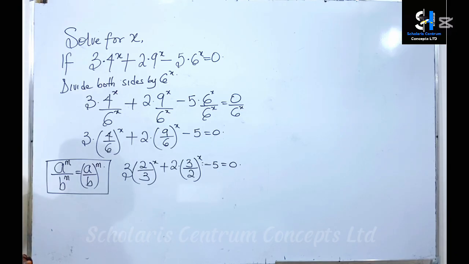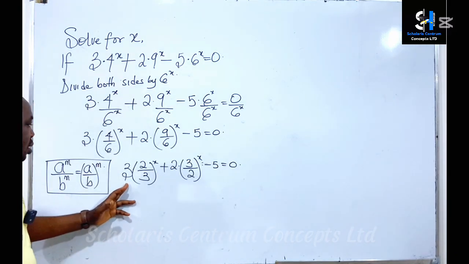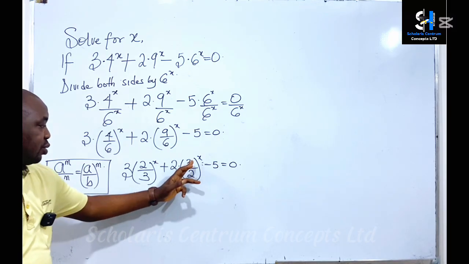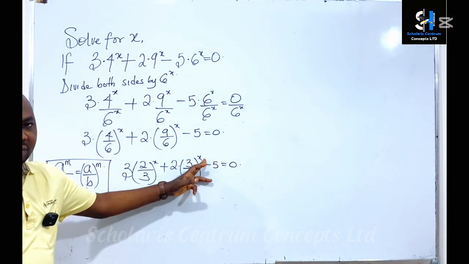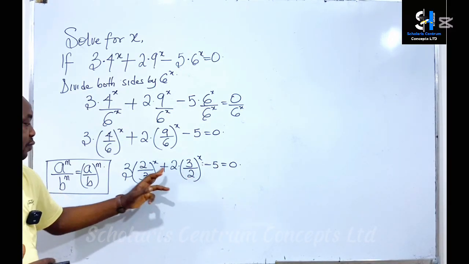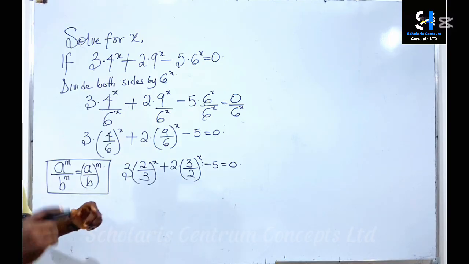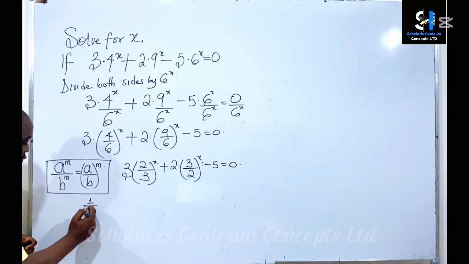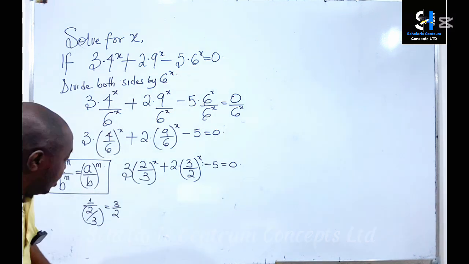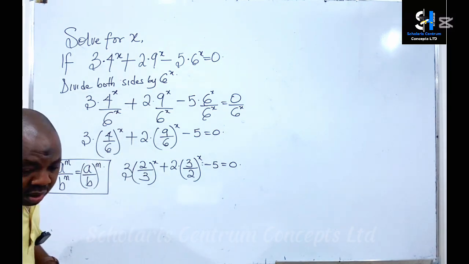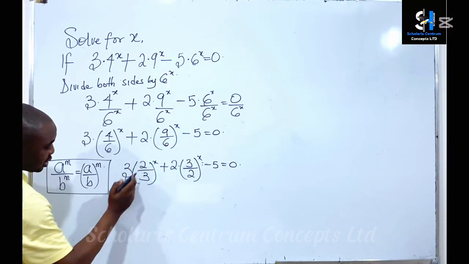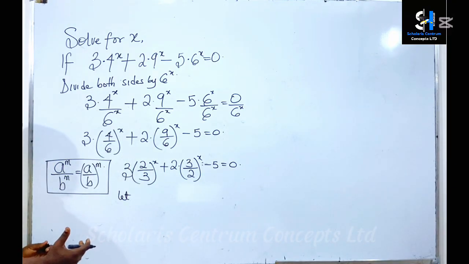Now, in this case, we have 2 over 3 raised to the power of x, and here we have 3 over 2 raised to the power of x. And we know that 3 over 2 is the reciprocal of 2 over 3. That is, 1 over 2 over 3 is the same thing as 3 over 2. Which means we can represent 2 over 3 exponent x with another letter from the alphabet.